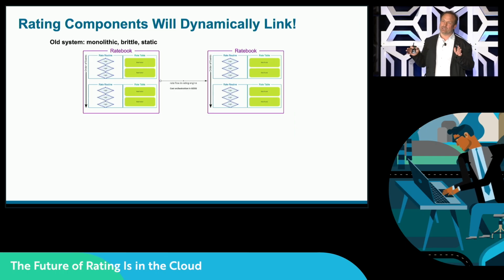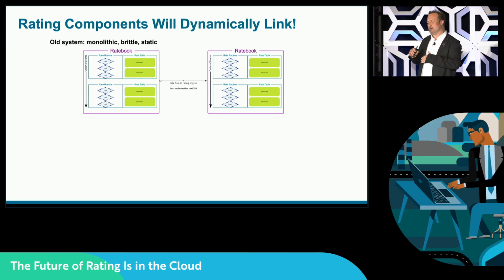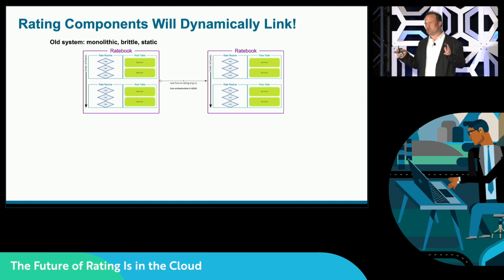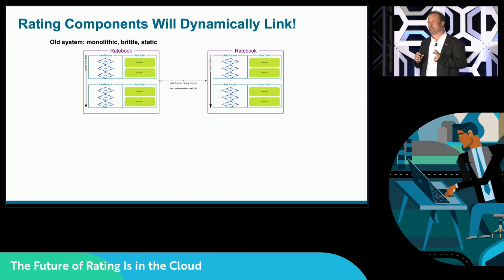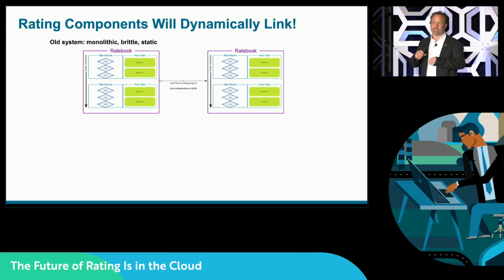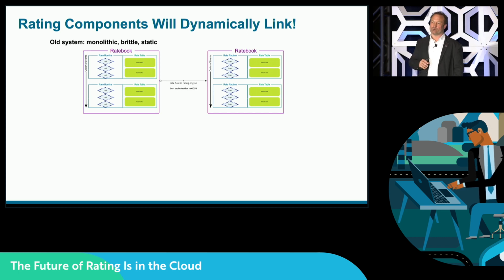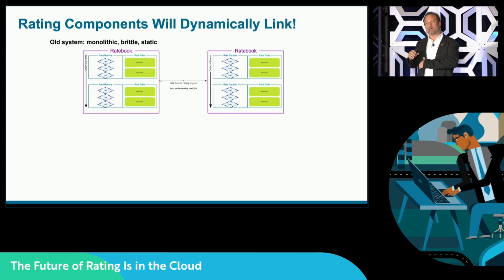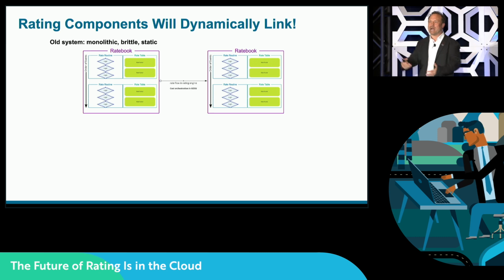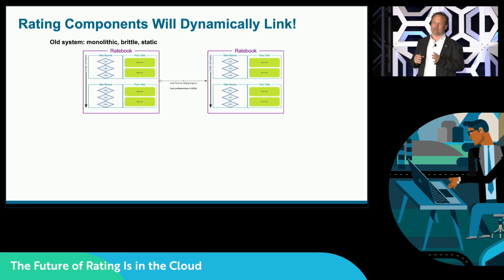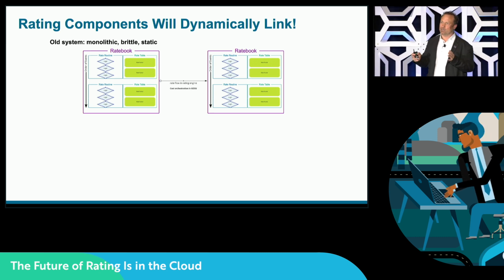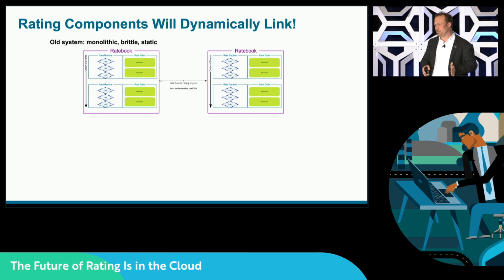So ratebooks actually are being broken apart, and what we're going to do with them is turn them into an orchestration layer. Basically, they know what rate routines to call and how to navigate the policy graph, and they produce all the costs that they need to produce on a single pass of the policy. So they'll have that navigation logic, but no more. Everything else will be individually versioned.